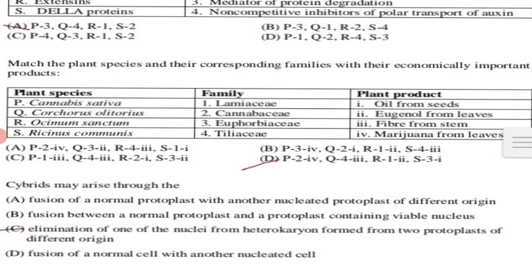The hybrids are important for the transfer of cytoplasmic male sterility towards the resistance from antibiotic, herbicides. So, the hybrids may arise through elimination of one of the nuclei from a heterokaryon formed from two protoplasts of a different origin. Option C is the answer for this question.